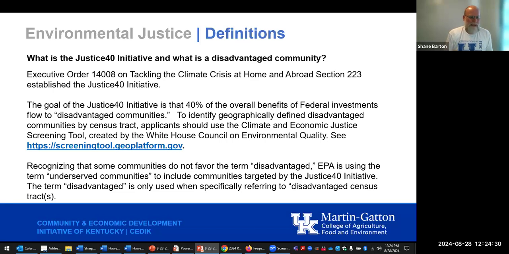And these are communities that they have targeted with the goal of directing 40% of federal investments into disadvantaged communities, which is one of the reasons, when we were talking about the funding cycle through the bipartisan infrastructure law, there is such a focus on supporting disadvantaged communities and those who have not applied in the past to get access to these federal dollars to address some of these legacy issues.